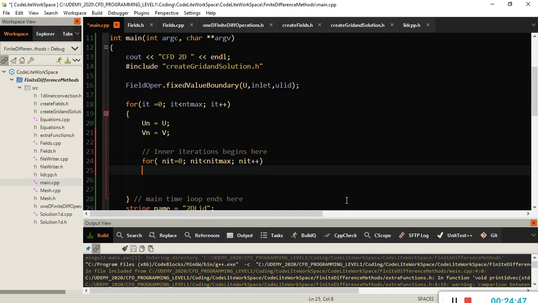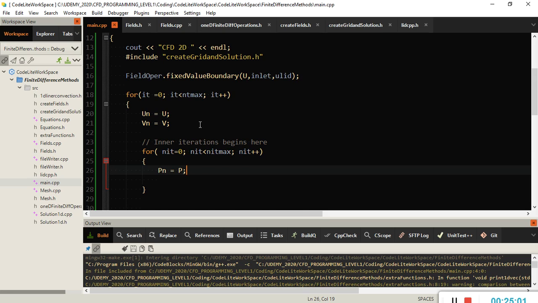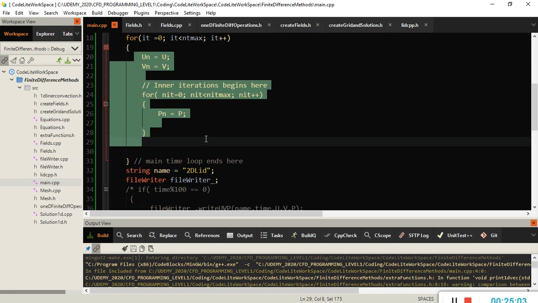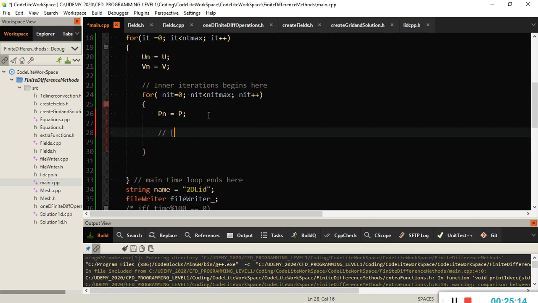So as long as it's less than 50, iterate, and within this loop we want to pass that Pn is equal to P. So we have already passed our old velocities. We have initialized the new velocities from the old velocities. Okay, so next comes the pressure Poisson equation.